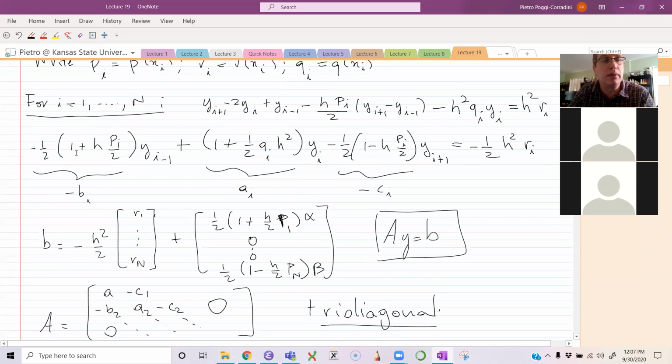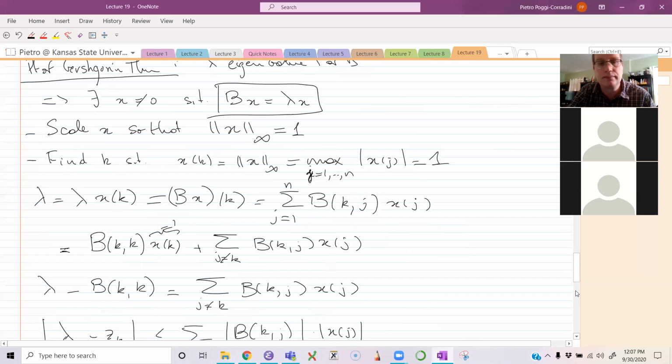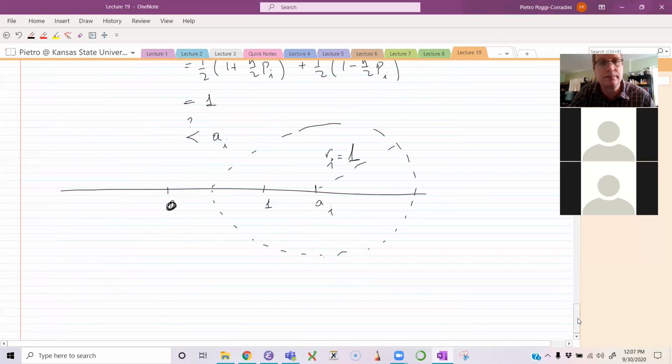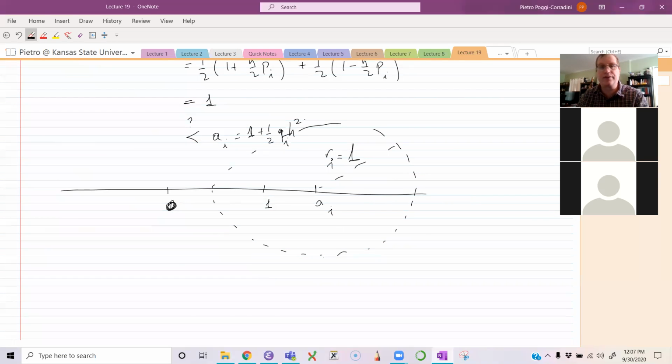So this was the Bi, Ci was there. Ai is 1 plus 1/2 qi h squared.